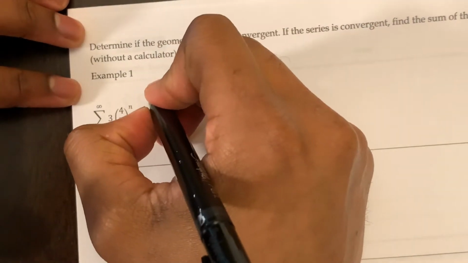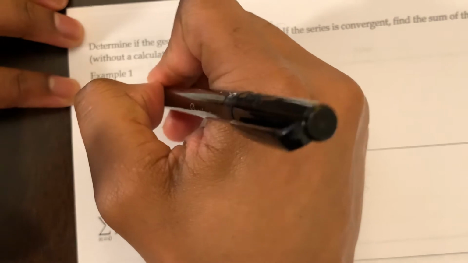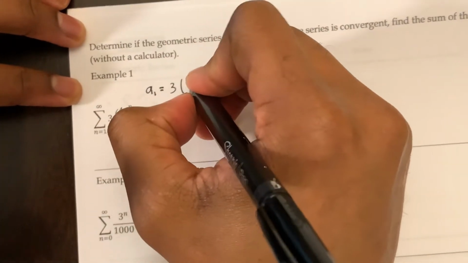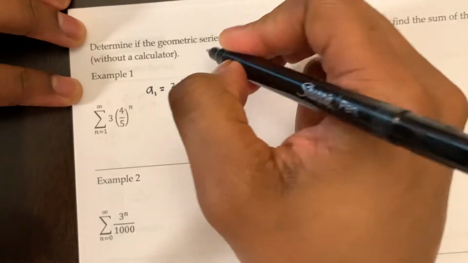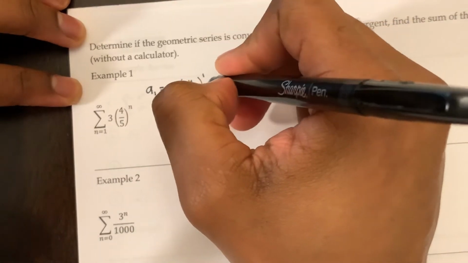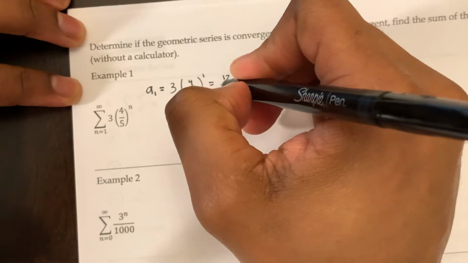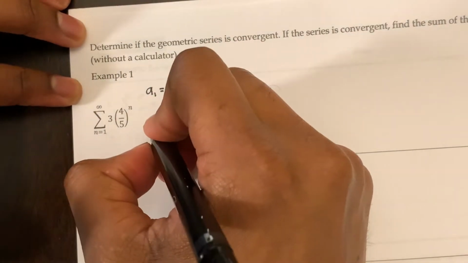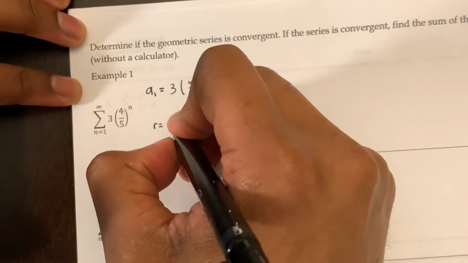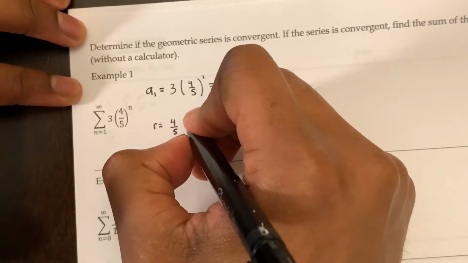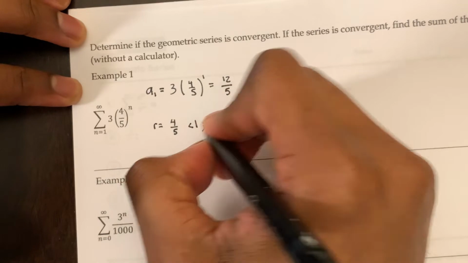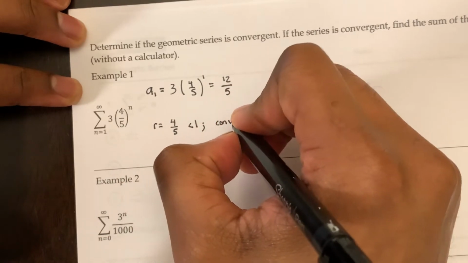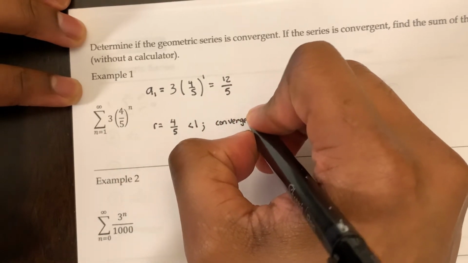So we know that A1 is going to equal 3 times 4/5 to the first power, which is just going to be 12 over 5. So we know our R is equal to 4/5. And since 4/5 is less than 1, we know that our geometric series is going to be convergent.